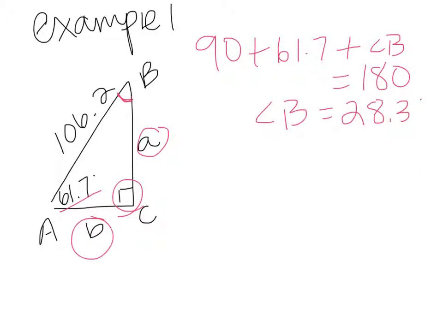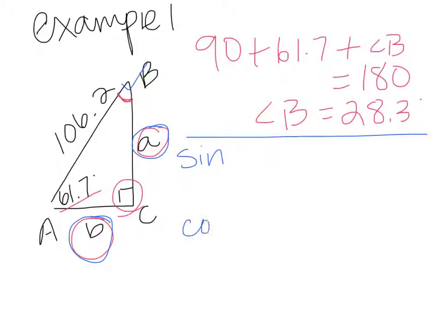Now the other things I do not know yet, I got angle B, I'll just put a little check there. I still don't know the measure of length A or side length B. And so we're going to use our trig to solve that. So let's remind ourselves of our three main trig functions: sine, cosine, and tangent. Now one of these is going to be helpful.